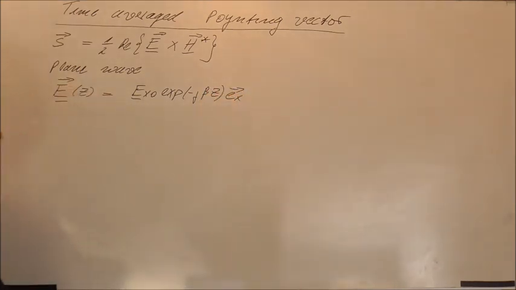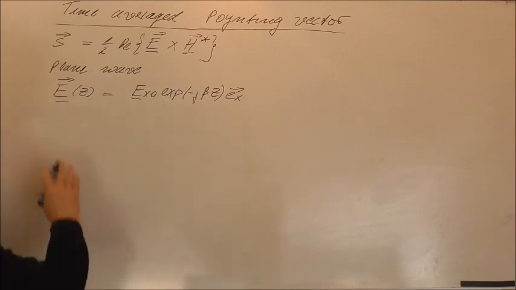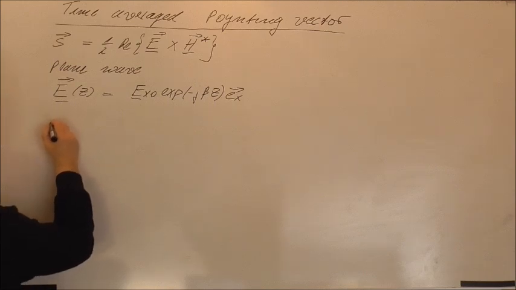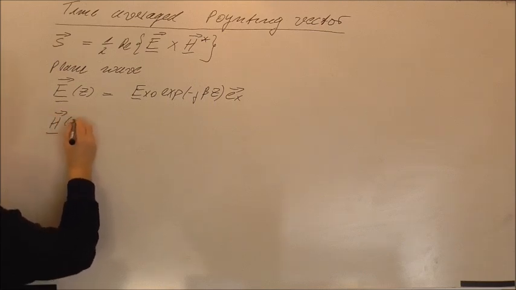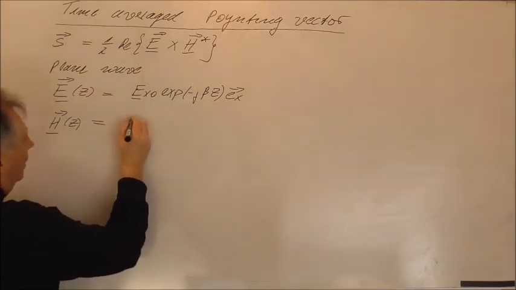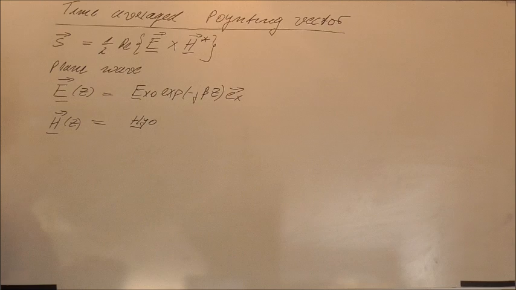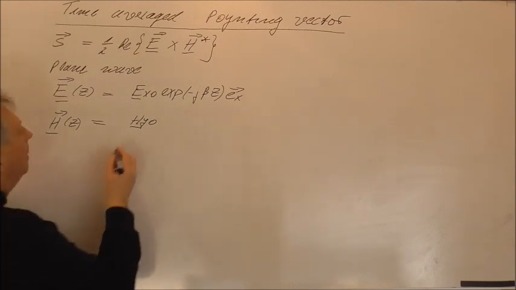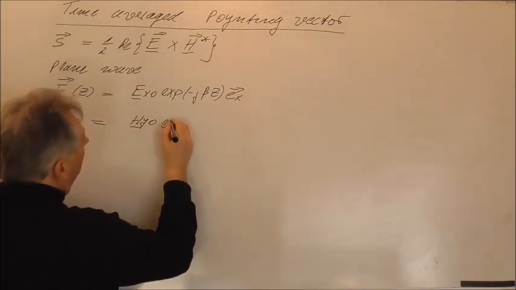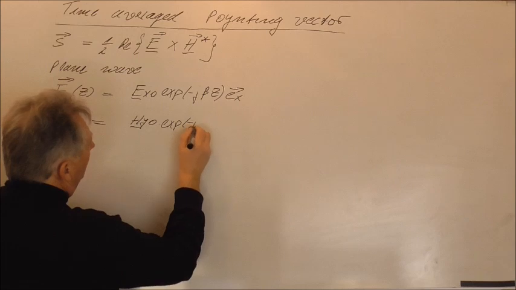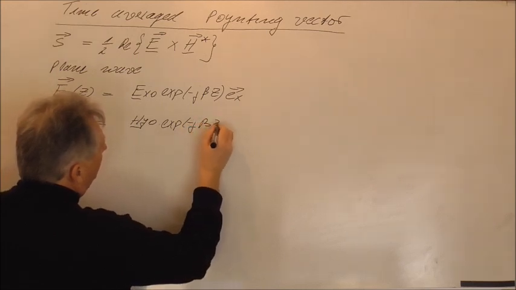So in this formulation I use vector notation, and of course we have also a magnetic field in the phasor notation, which would be given by the magnetic field in the y direction times the exponential of minus j beta times z.